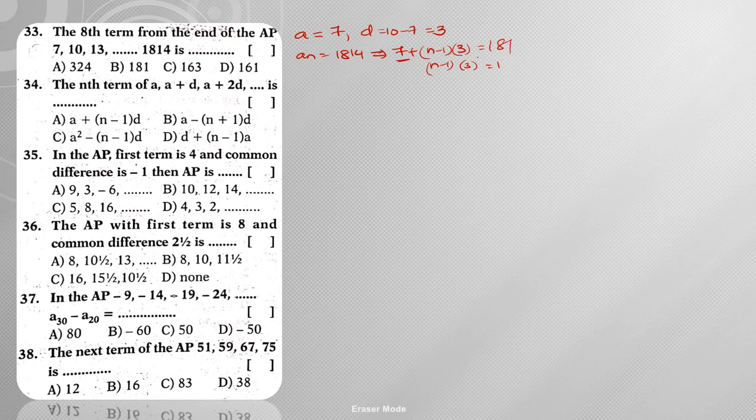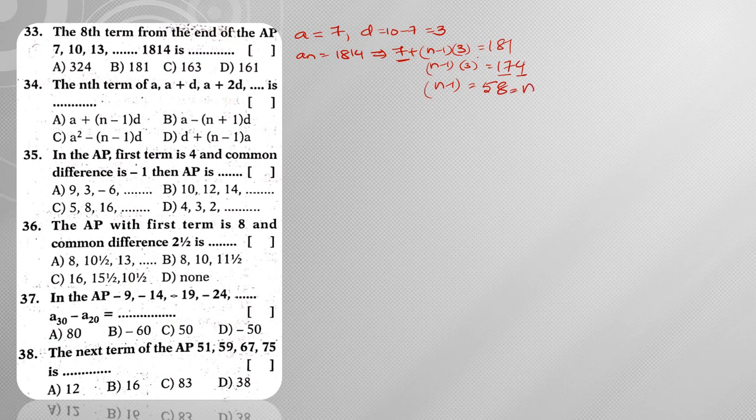So if I consider this as 181, then what am I going to have? 181 minus 7 is 174. So this I can write as n minus 1 is equal to, I can divide with 3, so 3 5s are 15. Next we will be left with 24, so 3 8s are 24.